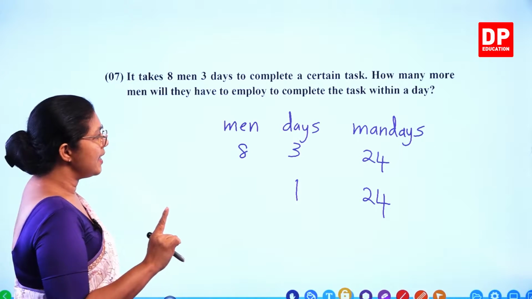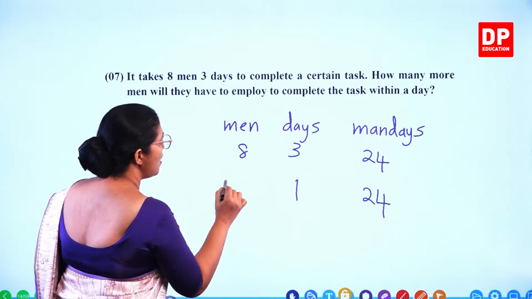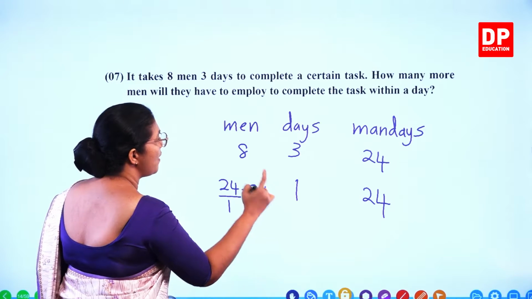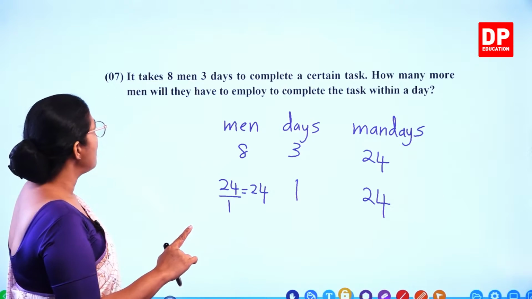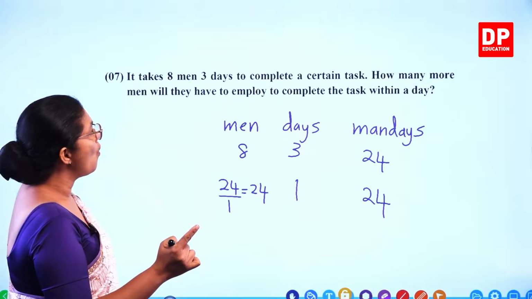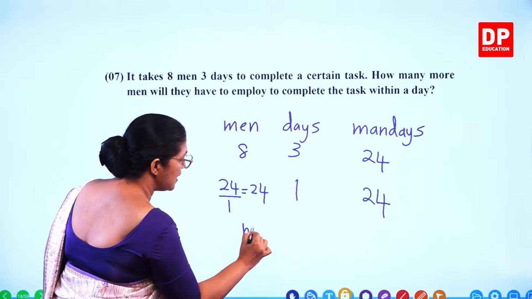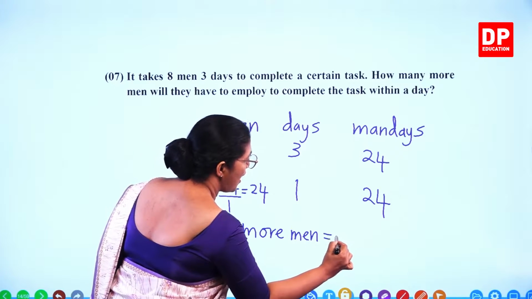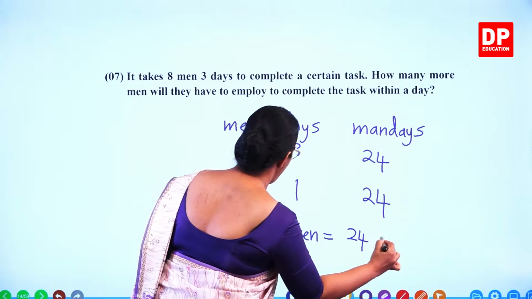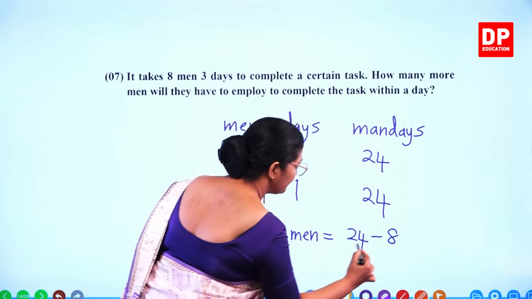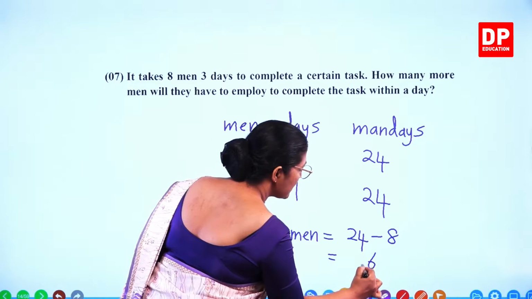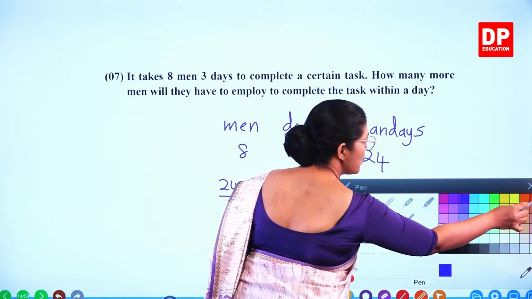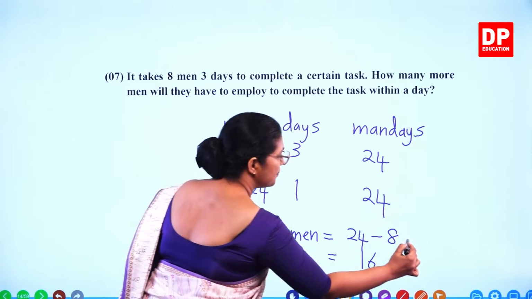So that means 1 day. So how many men needed? 24 divided by 1, that's 24 men needed. But 8 men already are there. How many more men needed? So you have to subtract 24 minus 8. 16 more men needed. So you get 2 marks for that part.